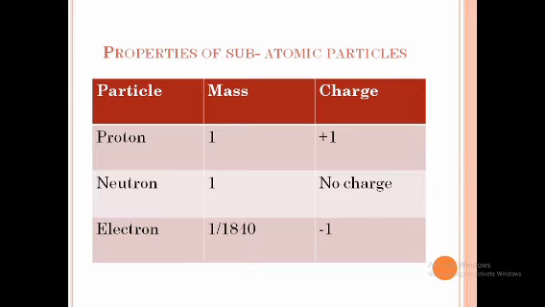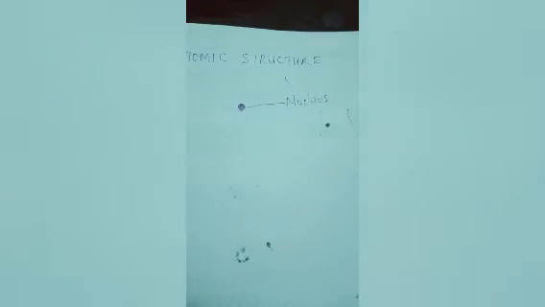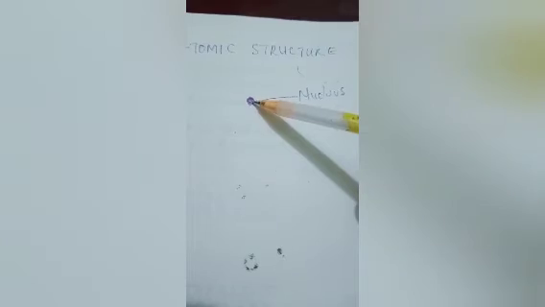Electrons have a mass of 1 over 1840, and it is negatively charged, so it has a charge of -1. So we have the nucleus at the center, containing our protons and neutrons. Then we have electrons roving round the orbit.